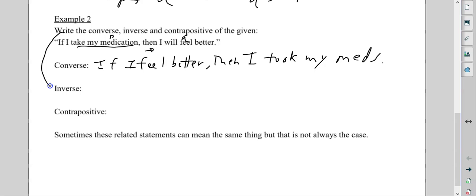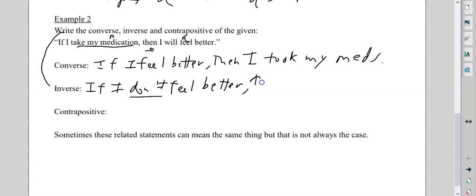I'm sorry, negating the first one. So if I don't feel better, so negating it, then I did not, again negating it, take my meds.